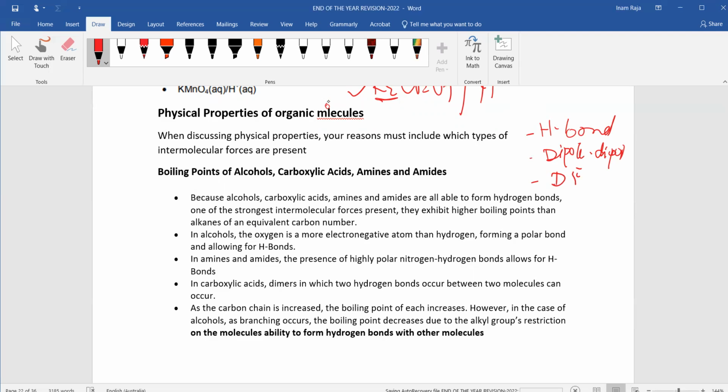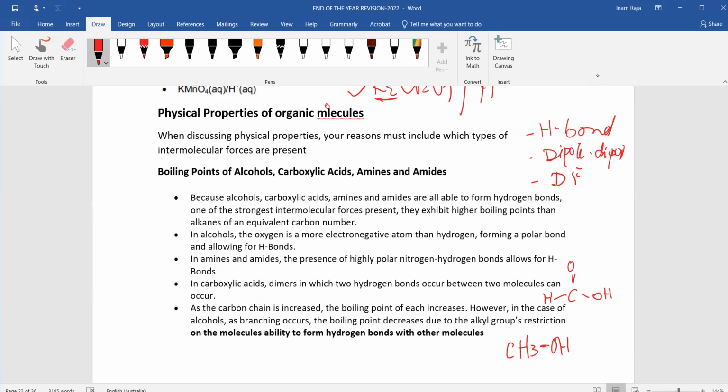For example, please read these dot points. If you have CH3OH, an alcohol, and you have the acid with C double bond O, OH and H, both have one carbon, one is methanol and one is an acid.